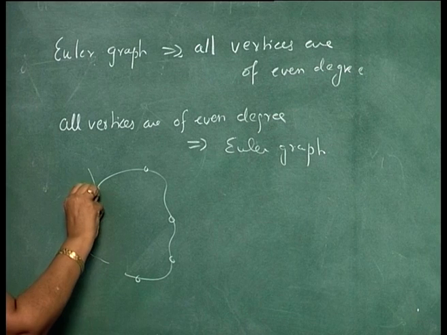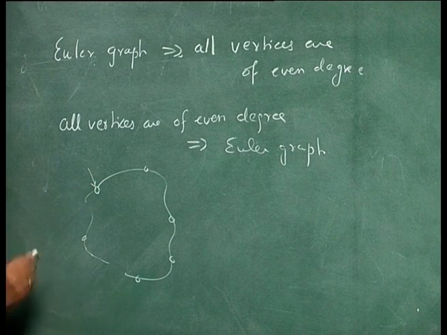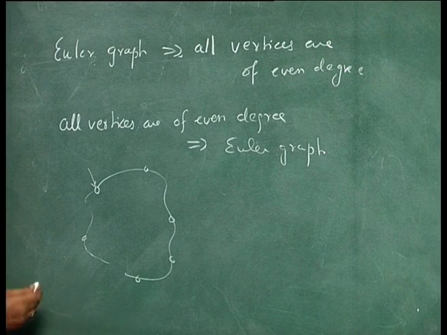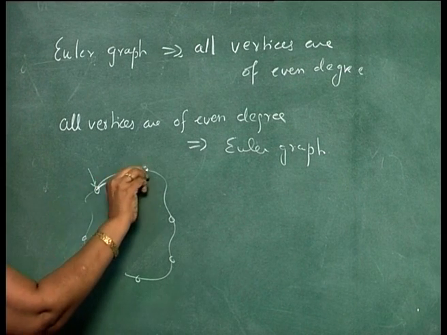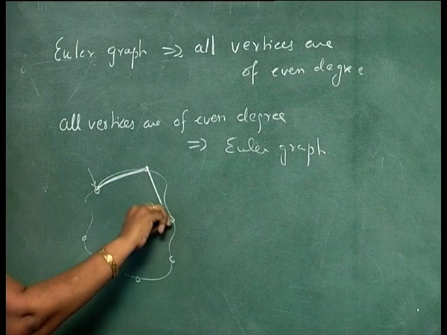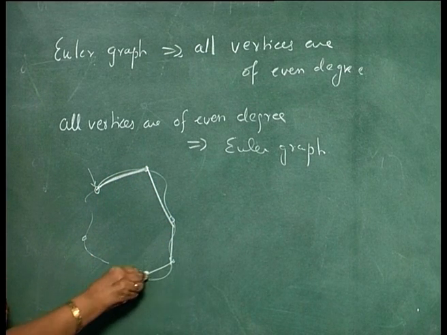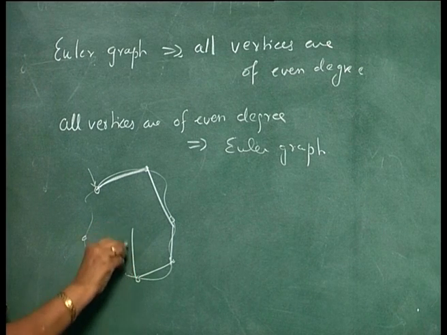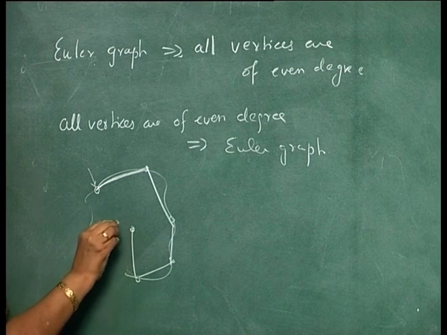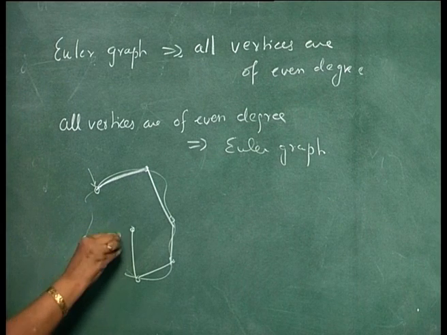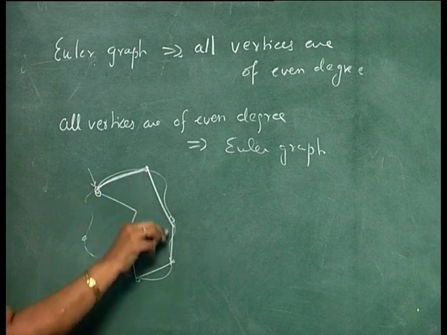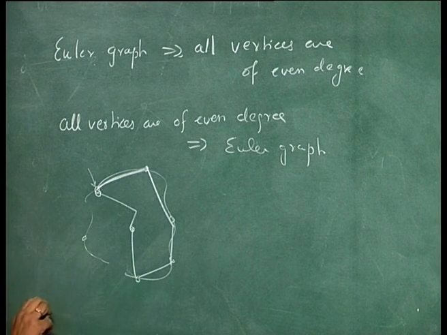Now, take a vertex, and you must show that there is a closed walk which covers all the edges of the graph. Now, you start and you traverse through some edges, and no edge should be repeated. You traverse until you reach the start, and you have covered one portion.